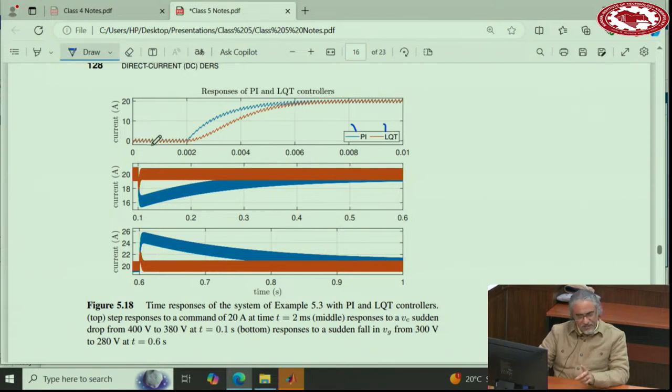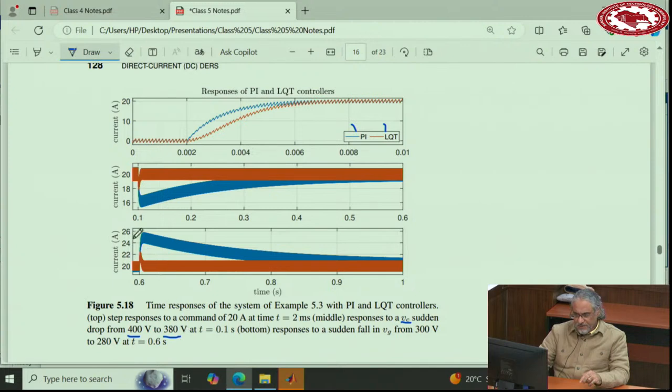But here is the thing. Now apply two disturbances to this system. This disturbance in the middle is when the voltage on the left side, VA, you remember VA, suddenly drops from 400 to 380. 20 volts.